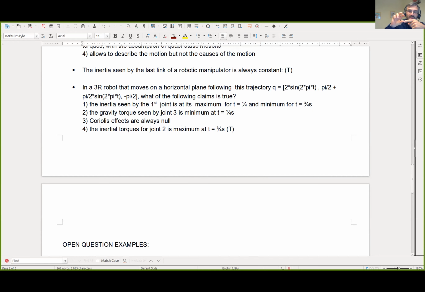In the case of joint 2, since the third joint is not moving and is not changing its configuration, the inertia seen by joint 2 is always constant. But the inertial torque will be just the mass times the acceleration. So it will be the point of joint 2 where the acceleration is higher.